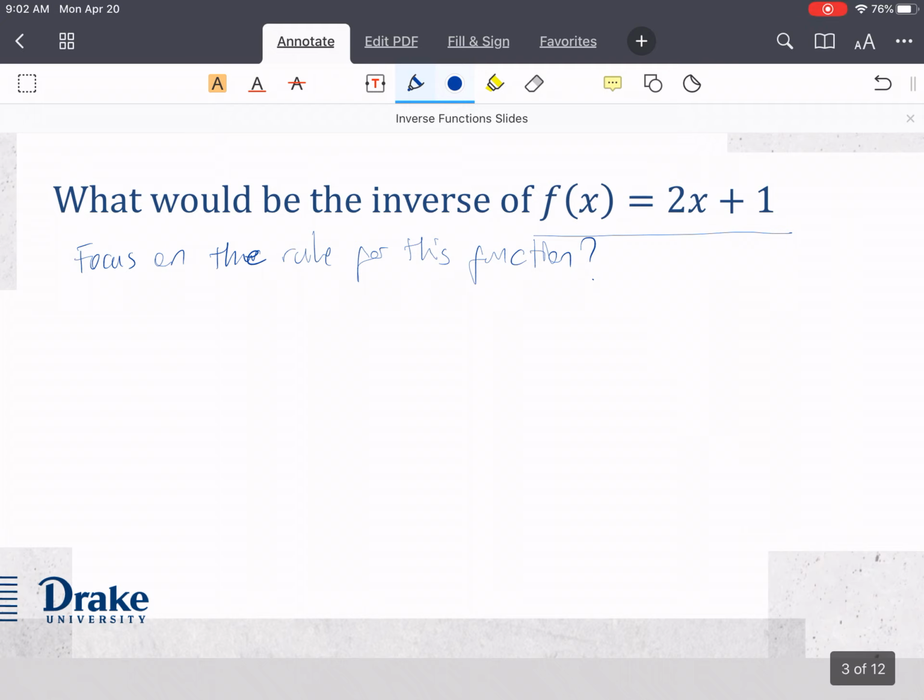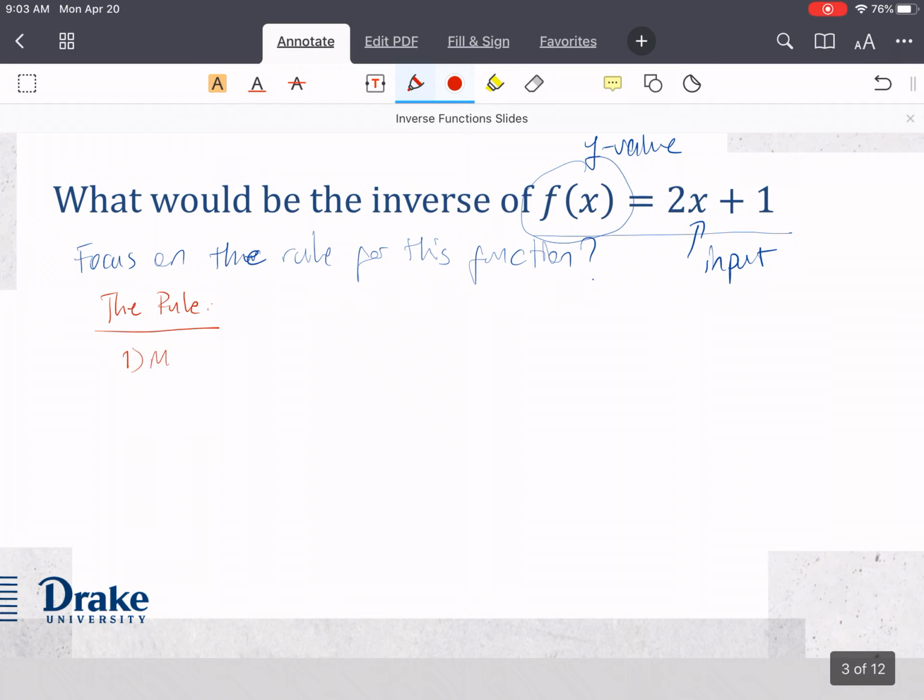And so, as you can see, f of x is the y value or the output, and x is the input for this function. So what I like to take a look at here is the rule of this function. The rule for this function is essentially, it first takes the x value and multiplies by 2, right?